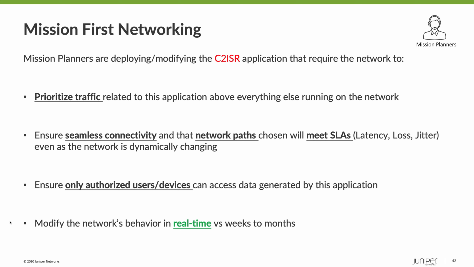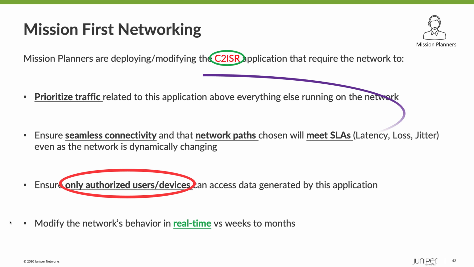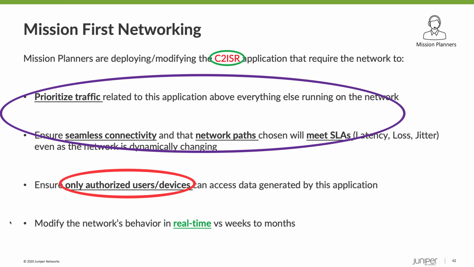The way that we do this is really by looking at this in a new way. What we have in this requirement is a who, so I have a set of authorized users and devices. We have an application, which is the what. And then we have a set of criteria about how the network should behave, which is your how. The who, what, and how is inherent to the data model of the Session Smart Router and the secure vector routing protocol.